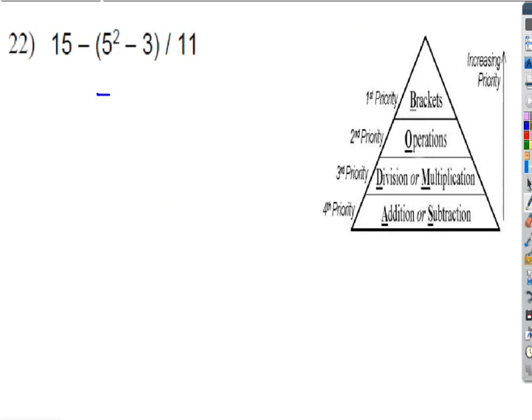Question 22, just going to write this on 2 lines, so that's 15, and we're subtracting from that the 5 squared, subtract the 3 in the bracket, and that's all divided by 11.